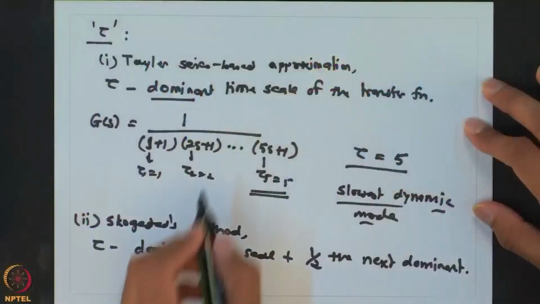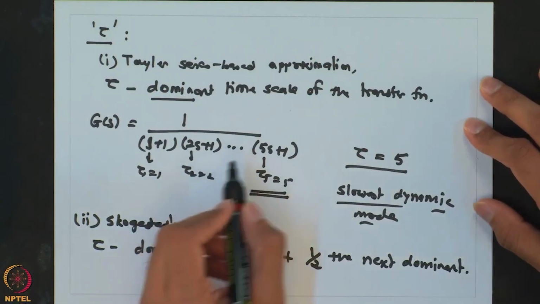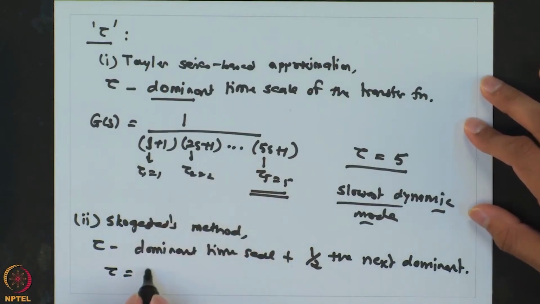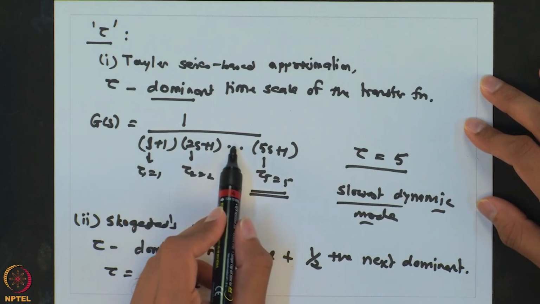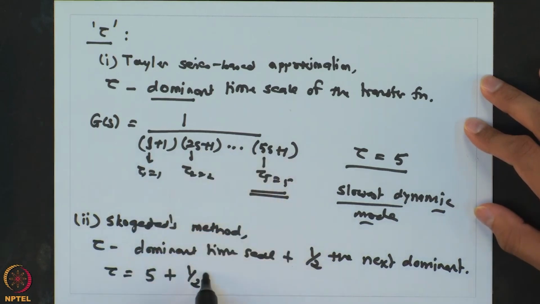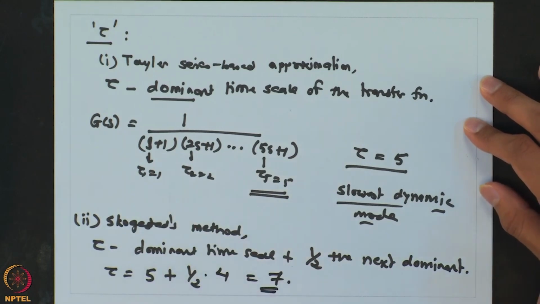And in that case, for this particular example, this tau will be equal to 5 plus half of the second slow. So if it is s plus 1, 2s plus 1, 3s plus 1, 4s plus 1 times 5s plus 1, it will be half of 4. So in that case, we will get tau is equal to 7. So that way the tau obtained for the same transfer function by using Taylor series expansion or Skogestad's method are going to be different. Skogestad's method will give you a higher tau value.